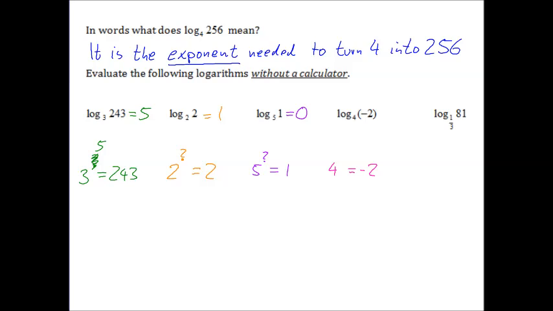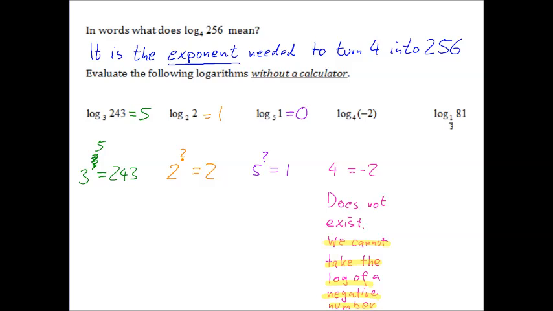So there is no number that does that. The log base 4 of -2 does not exist. We cannot take the log of a negative number. That's important. Keep that in mind.